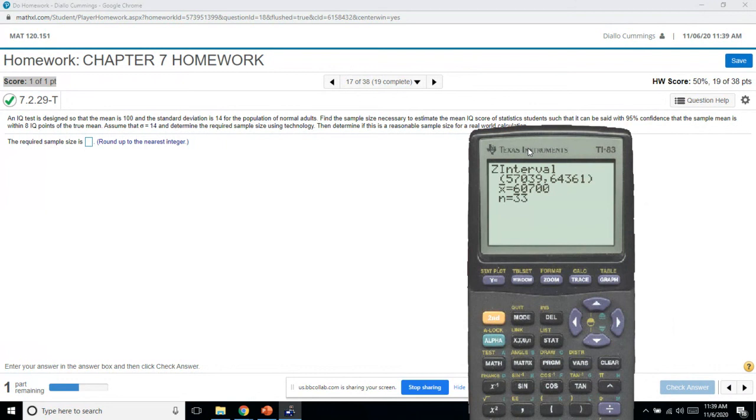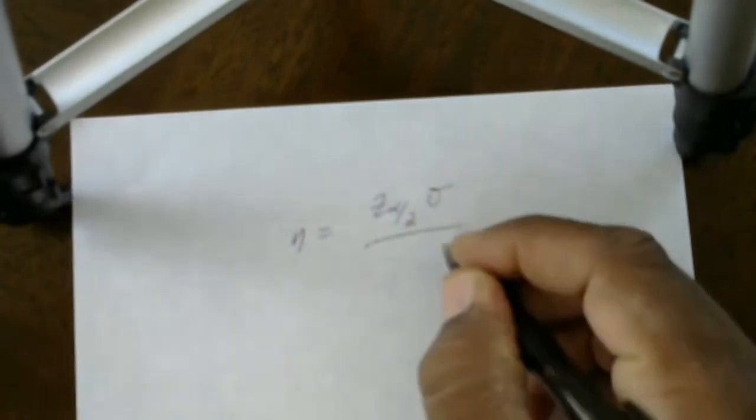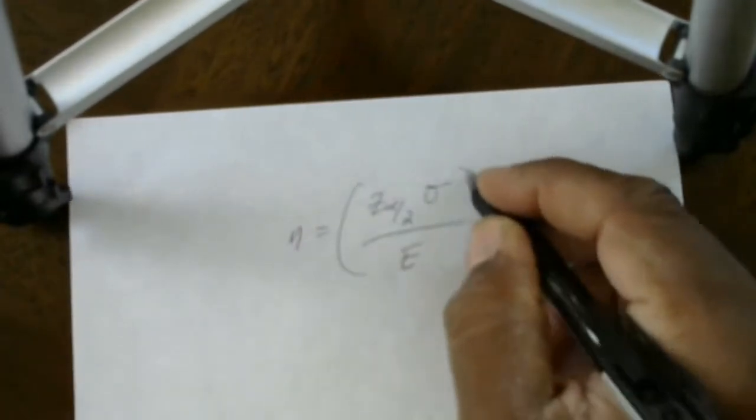All right, so we're going to use that formula. And I'm going to go back to our document. We had n is equal to z alpha over 2 times the standard deviation divided by the margin of error, and that is all squared.